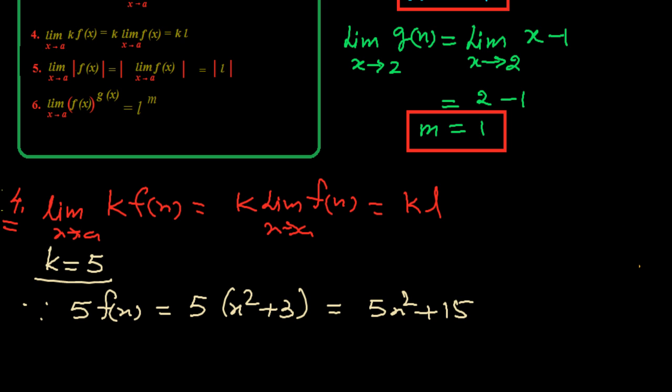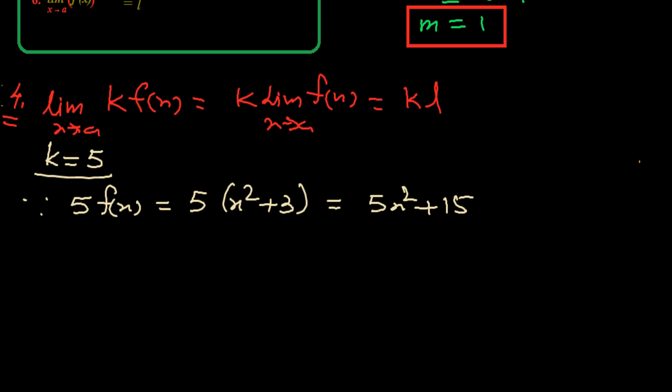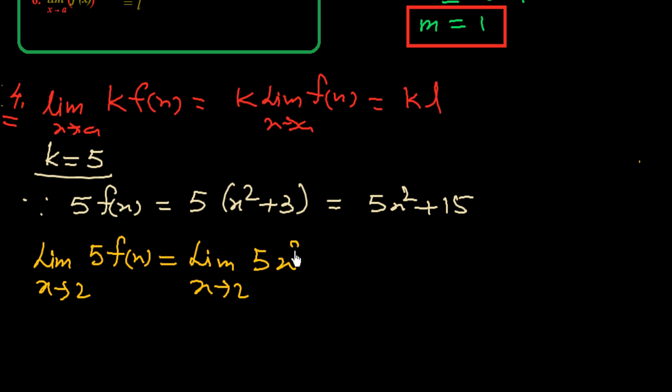So now we find out the limit for this at 2. So limit x tends to 2 for 5 f of x is equal to limit x tends to 2 for 5x square plus 15.